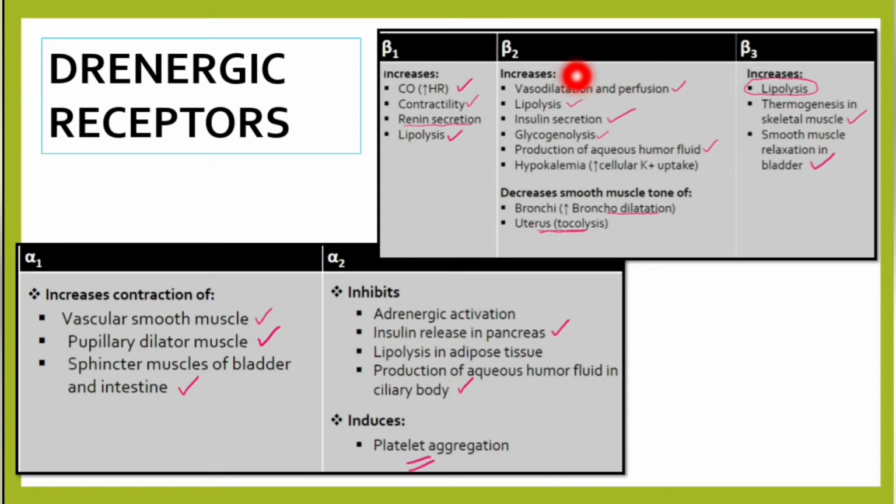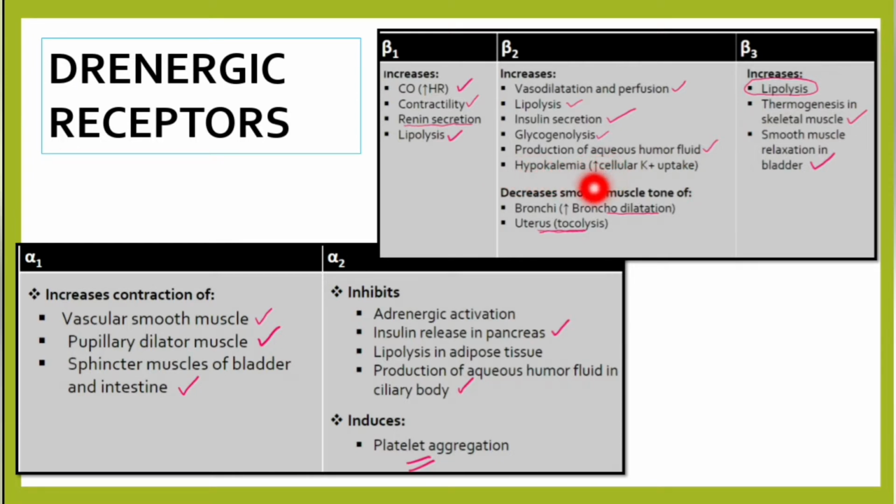Beta 2, if you stimulate beta 2, they will increase vasodilation and perfusion, because I said beta 2 is smooth muscle relaxation. Also increase lipolysis, increase insulin secretion, glycogenolysis, production of aqueous humor fluid, and it causes hypokalemia.